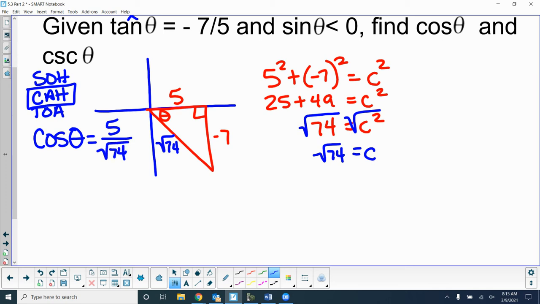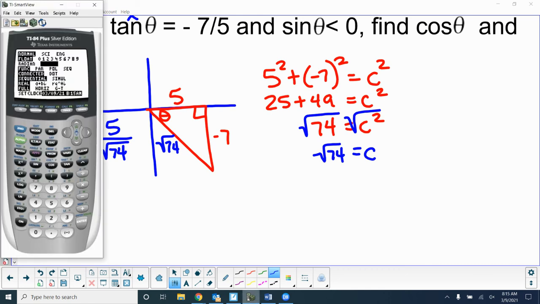Again, it's asking for the exact value. So I need it like that. Can I simplify 74? Is there a number that goes into 74 like a 4 or a 9 or a 16? Is there a perfect square in there? 74 divided by 4?